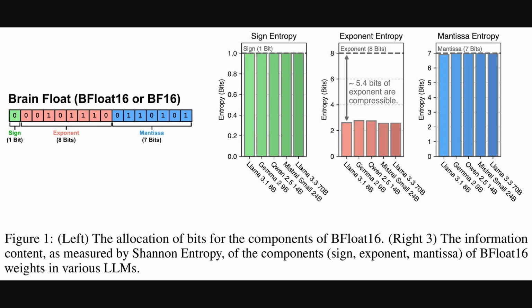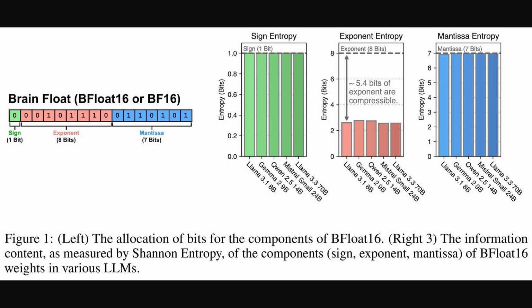Okay, so how does DFloat11 actually achieve this saving without losing information? Well, this figure really gets to the heart of it. On the left, you see the standard bfloat16 format that models typically use. It has 1 bit for the sign, 8 bits for the exponent, and 7 bits for the fractional part, or mantissa. Now, the interesting part is on the right.